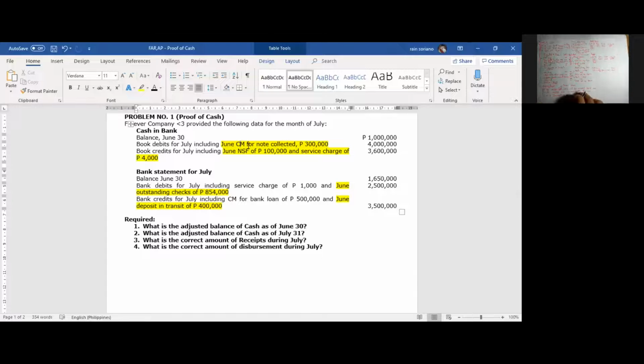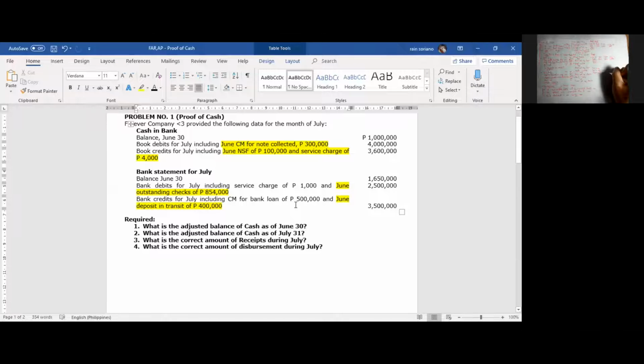So, minus 300,000. So, deposits made now by the depositor is 4 million minus 300,000, or that's only equal to 3.7 million. Next, punta tayo sa deposits acknowledged by the bank. Deposits acknowledged by the bank, as I said a while ago, is equal to the bank credits, which is equal to 3.5, less all items not representing deposits. So, punta ka sa bank credits. Anong meron dito? Bank credits for July, including credit memo for bank loan of 500.